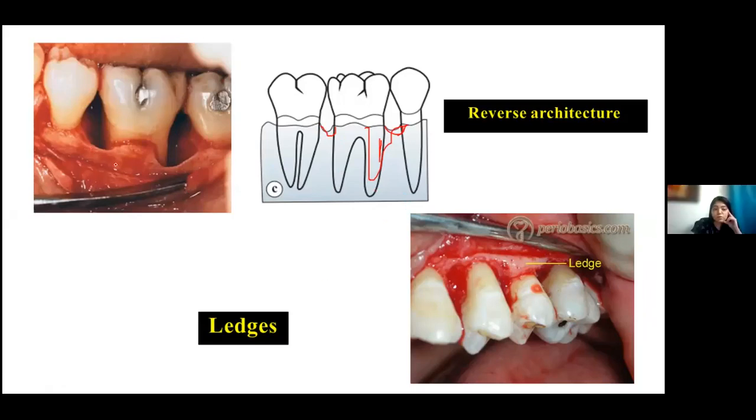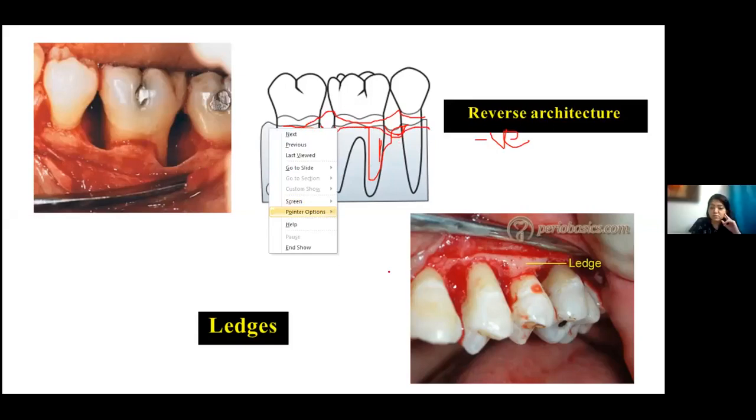No. In this picture from the Carranza book, reverse is negative. Reverse architecture means negative architecture. What is positive architecture? Positive architecture is interdental, this, coronal. So this becomes a reverse or negative architecture. Negative and reverse are the same thing.